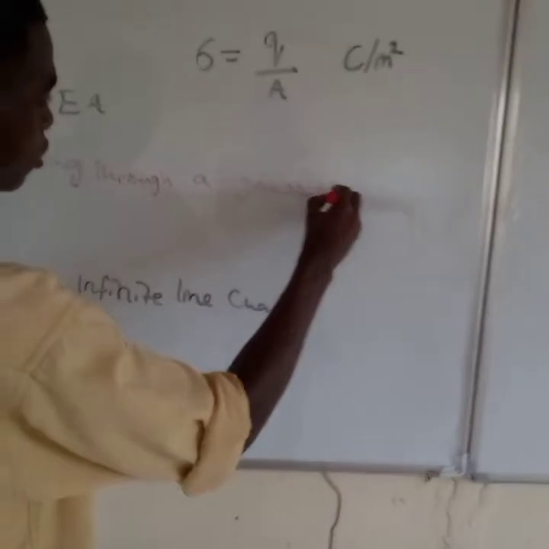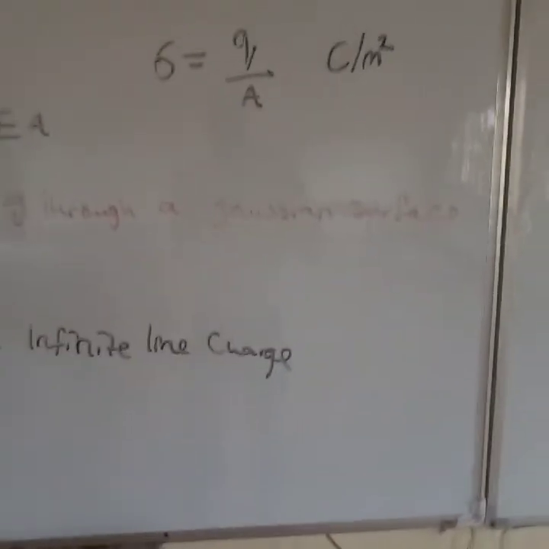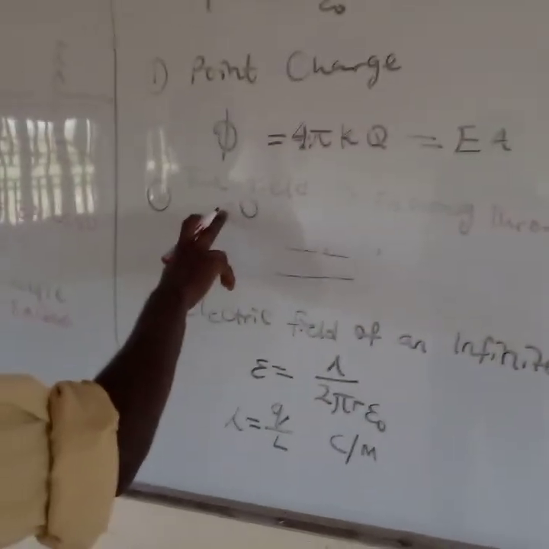When it's passing through a Gaussian surface, the electric flux will be equal to 0.